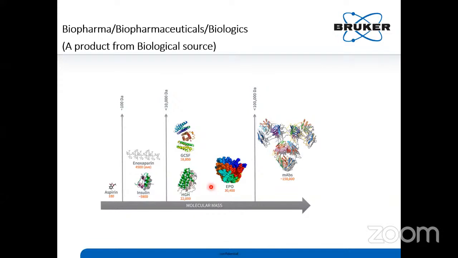If you go a little higher, you can see myoglobin and other molecules with 20 kDa, 18 kDa molecular weight. Further forward, you can see mAbs, nothing but your IgG molecules, antibodies, where the mass is around 150,000 Dalton. As a general rule, when your mass range is increasing too much, the mass accuracy will come down.